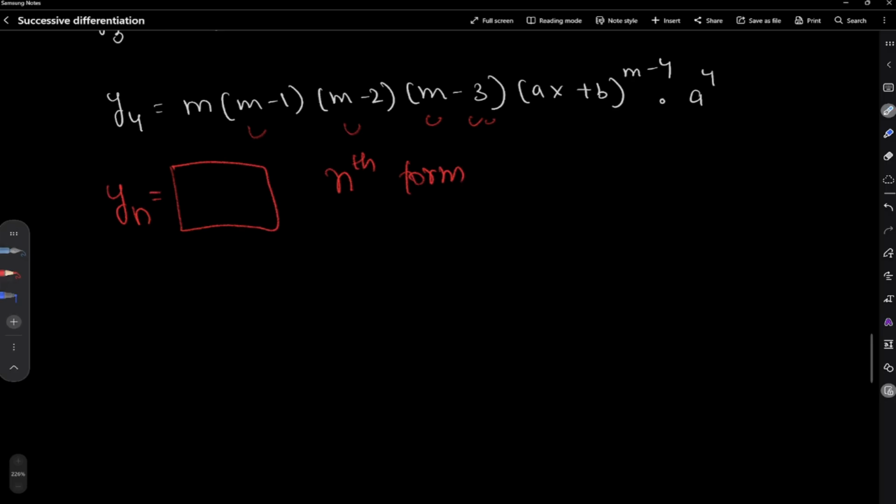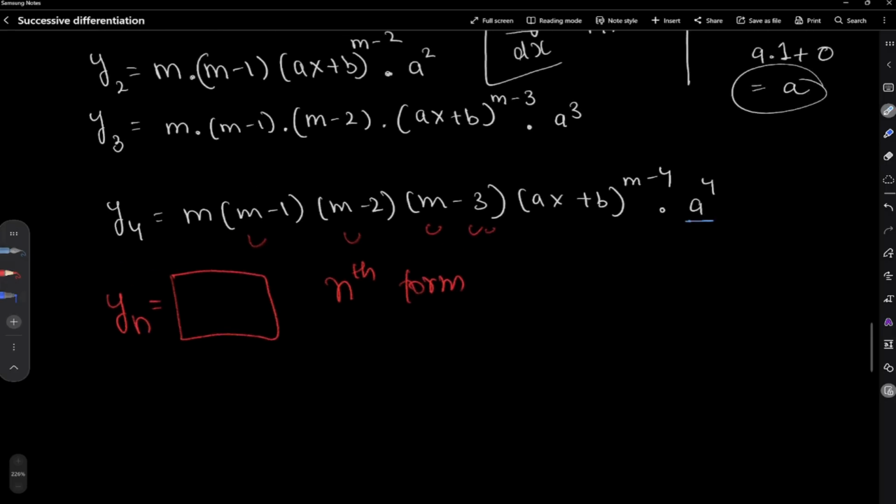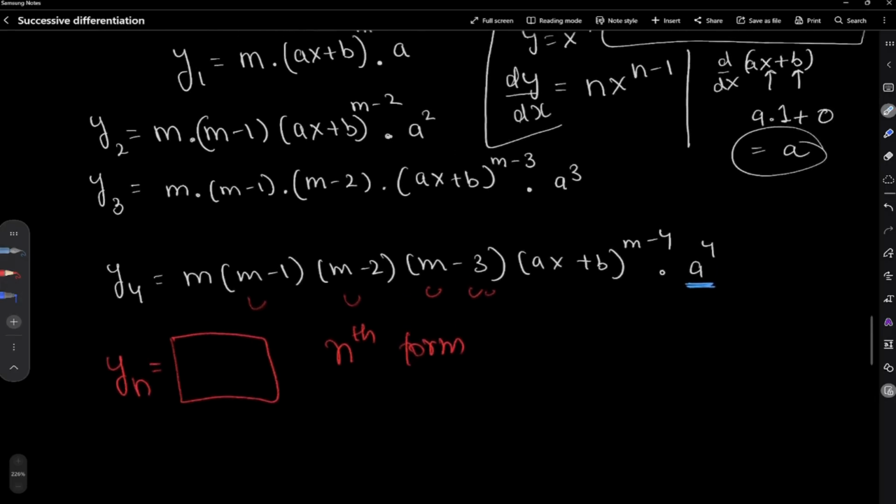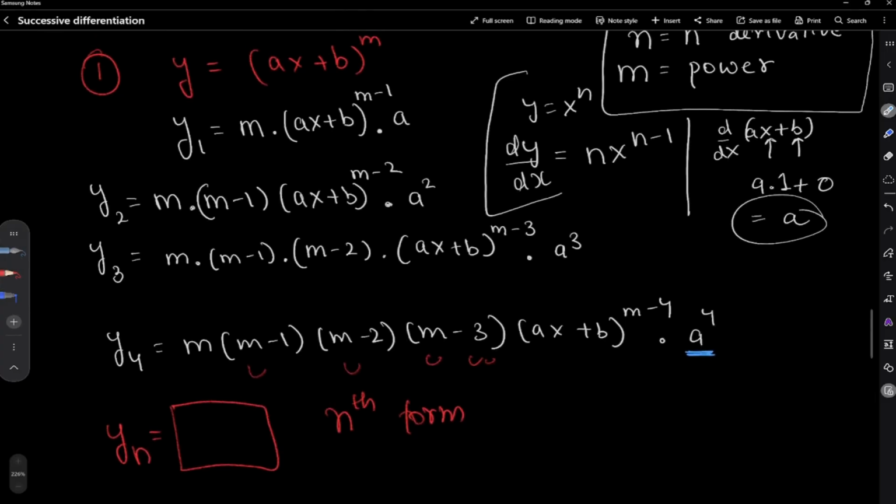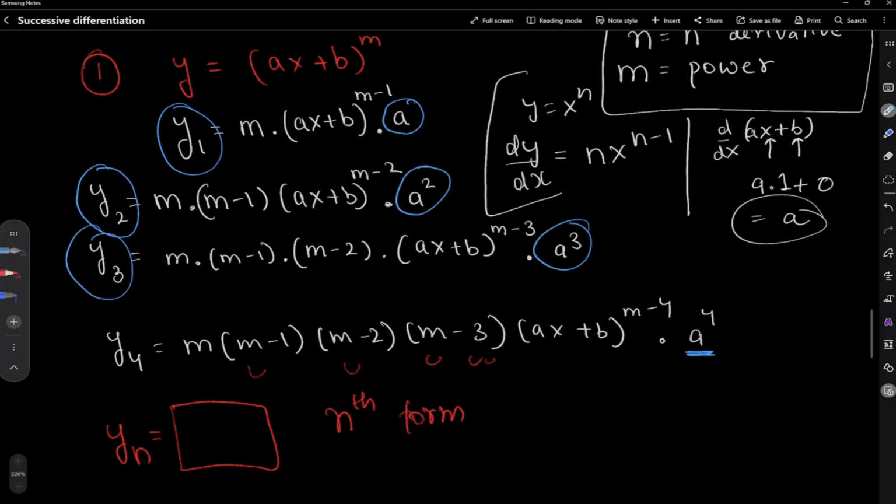I'll take a. So I'll go back and I'll find, for the first derivative it's a, for the second derivative it's a squared, for the third it's a cubed, and for the fourth derivative it's a to the power 4.